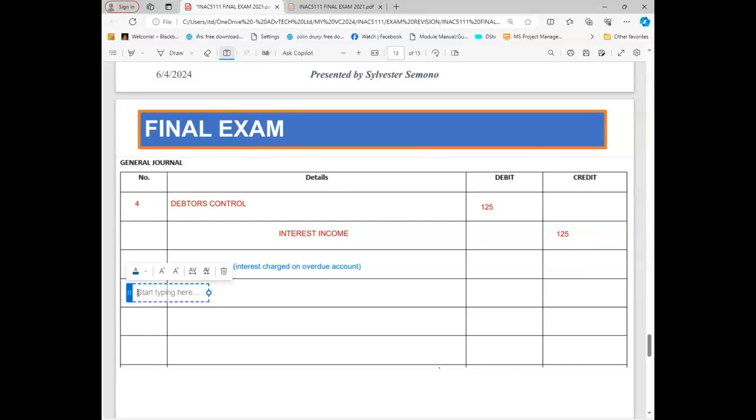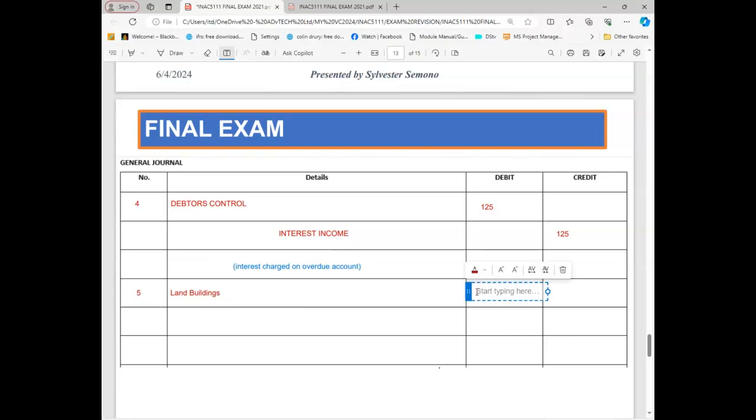This is number 5. I'm going to debit land and buildings. Land and building. Okay, and how much was the amount for the land and building? The amount was 85,000. Yes, it was 85,000.